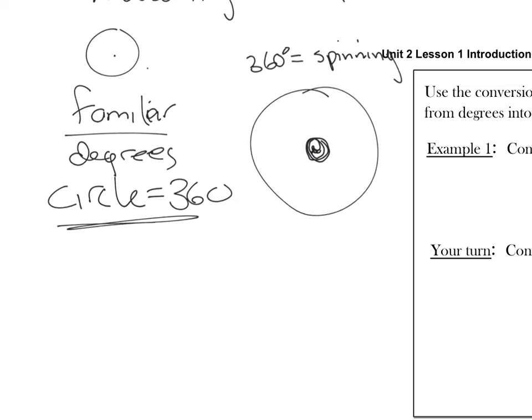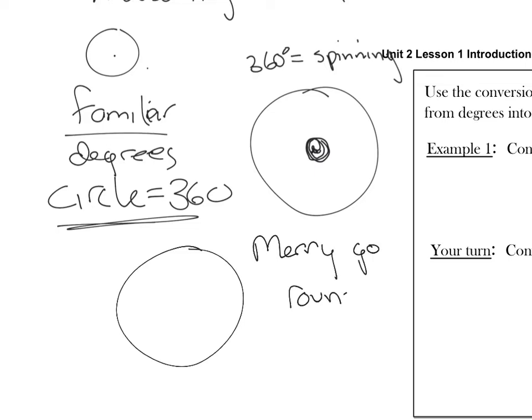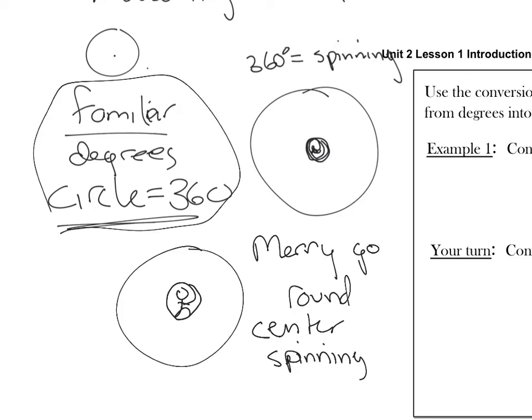One way to think about it, if this is a merry-go-round, you are standing in the center and you are spinning in a circle. You measure how much you spin in degrees. That's what you're used to.